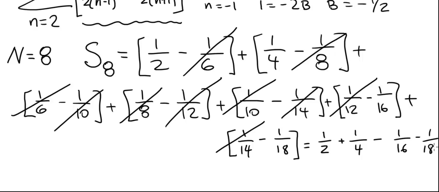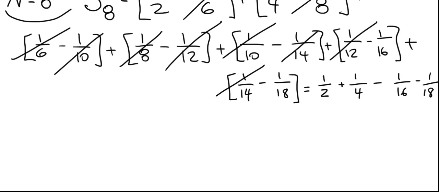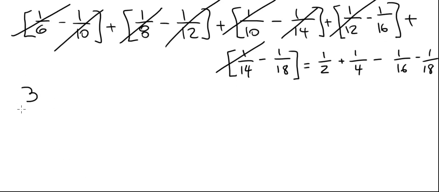Now what we don't want to do is simplify too much because we want to have an idea what this is in terms of the last number, which in this case is 8, and generalize it to Sn for any n. So the 1/2 and the 1/4 we can simplify. That is 3 over 4. And then minus 1/16, that's 1 divided by 2 times the last number, which is 8.